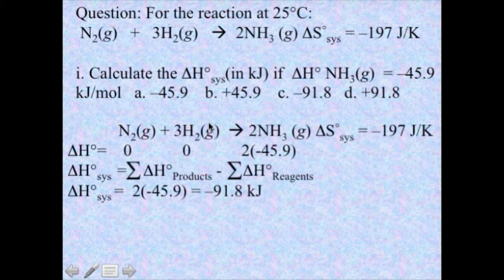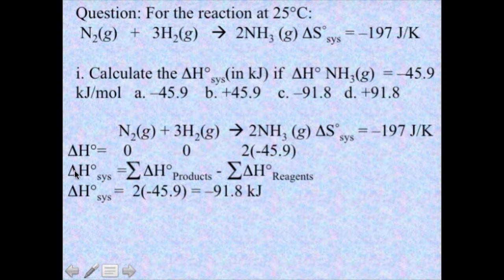Okay, here we go. Here's the reaction, and we'll set it up putting the standard enthalpy values underneath each appropriate reagent. Any element in its stable elemental form is going to have 0 enthalpy, and the enthalpy of formation is the heat of this reaction forming ammonia.